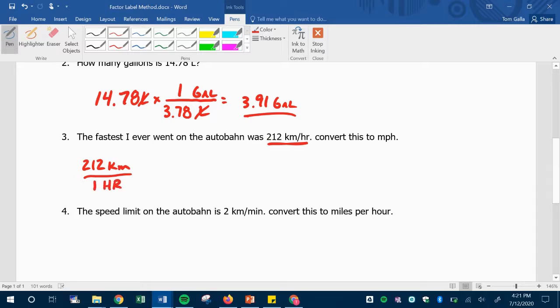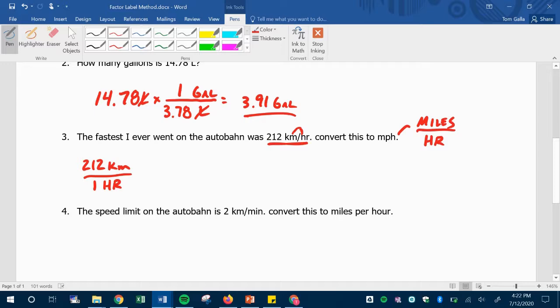Now, yes, I know this can be a little bit confusing because I didn't drive 212 kilometers per hour for an entire hour, but that's how we can write those complex numbers being ones that have 2 units. So it has kilometers and it has hours. Just like at the end, MPH, miles per hour, is going to end up being miles per hour.